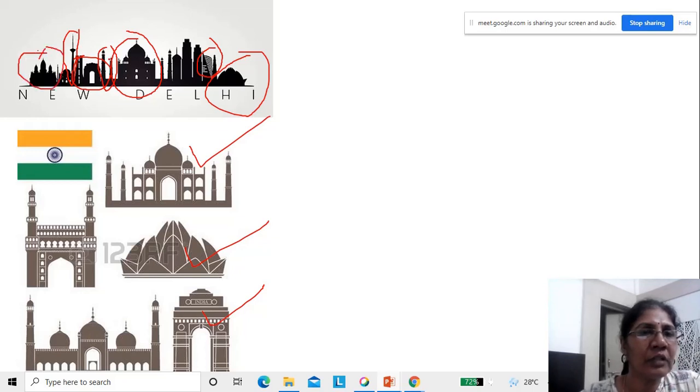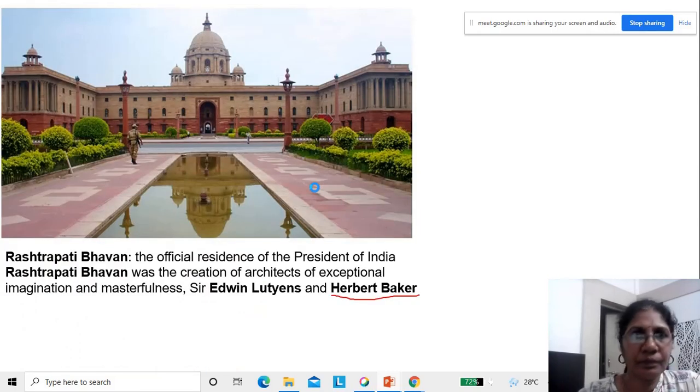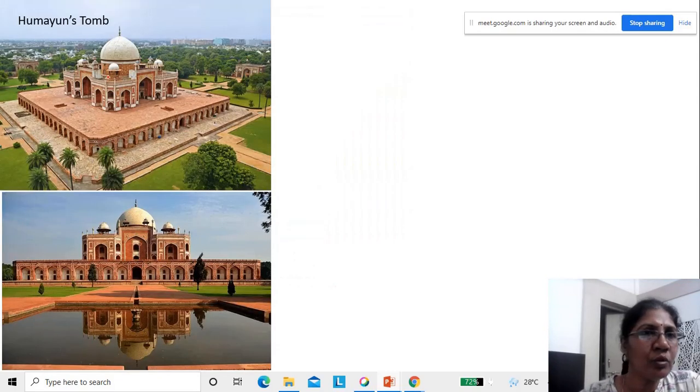Silhouette of Rashtrapati Bhavan, and this is Humayun's tomb. Very famous tourist attractions in the city. This is the 3D picture of it, and if you just look at it from one side, as in the front elevation, you can see this.